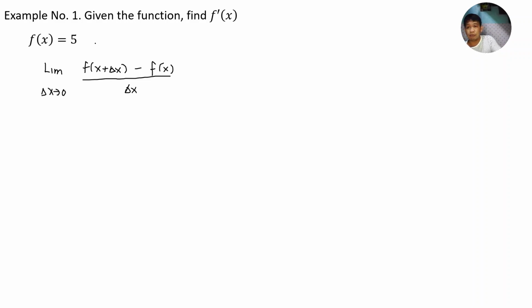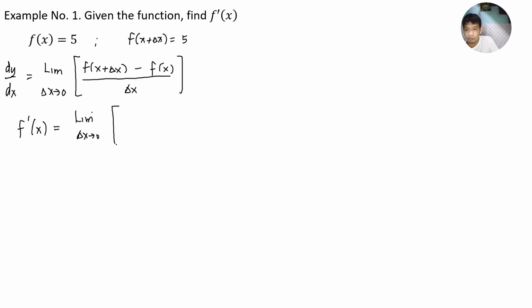Notice that if we substitute x plus delta x in our function, f of x plus delta x is also equal to 5. Substituting it to our definition, our first derivative of y with respect to x, which is actually our f prime of x, is equal to the limit as delta x approaches 0 of the quantity 5 minus 5 all over delta x, because f of x plus delta x is 5 and f of x is also 5.